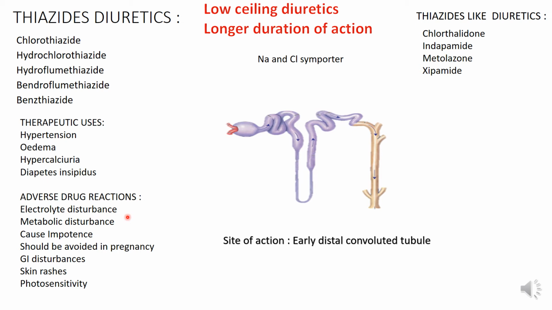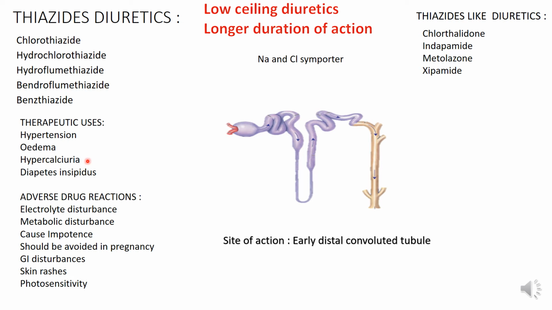Now we're going to discuss therapeutic uses. I told you that it treats hypercalciuria, meaning if there is an increased calcium level in the urine, they reabsorb the calcium from the urine and thus treat the hypercalciuria. Don't confuse the word hypercalciuria with hypercalcemia.